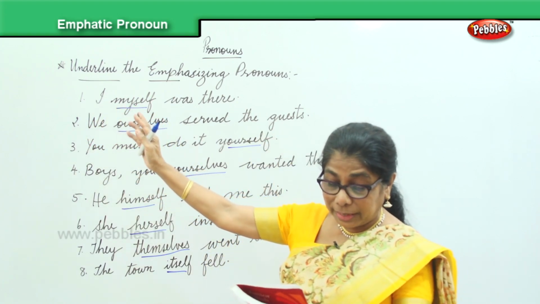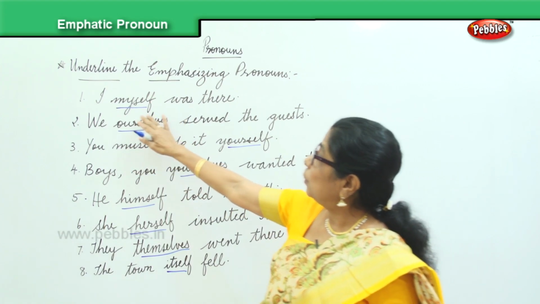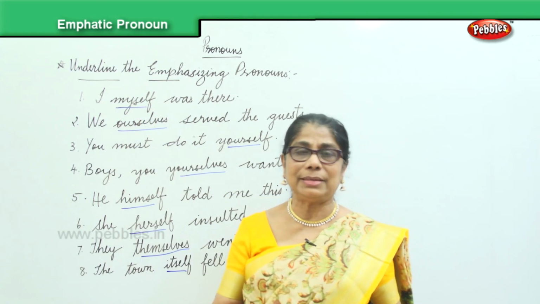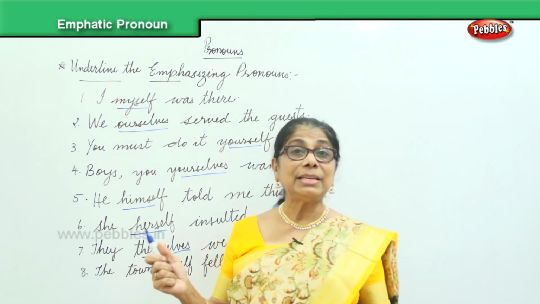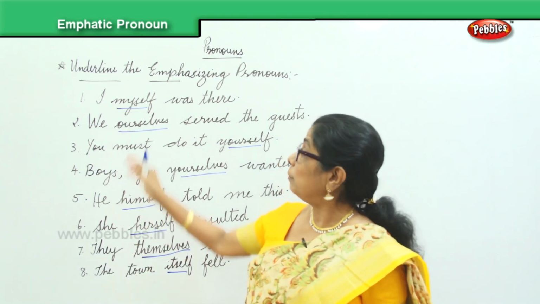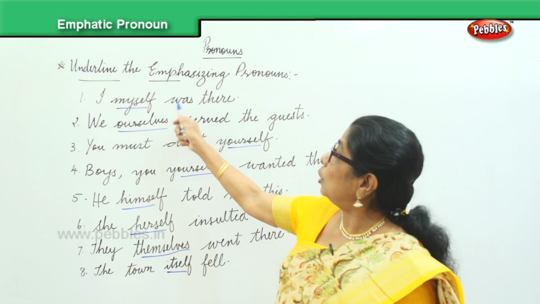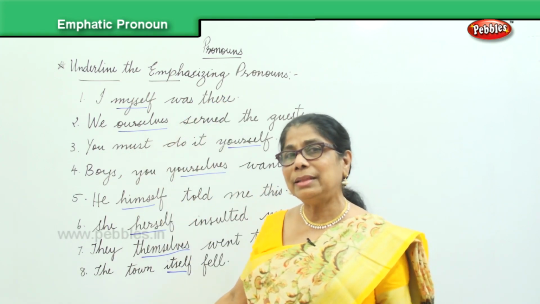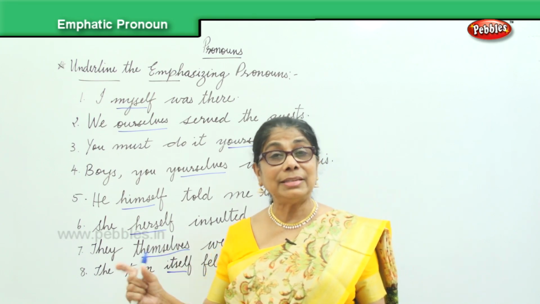We are using it with the nouns or pronouns. Now, when you say I, myself, you are emphasizing. We, ourselves. So all these nouns or pronouns, when we use words like this, then we call them emphasizing pronoun. We have learned to circle, we are going to learn to underline the emphasizing pronoun.